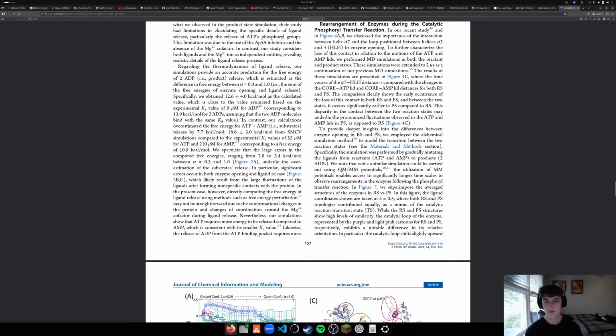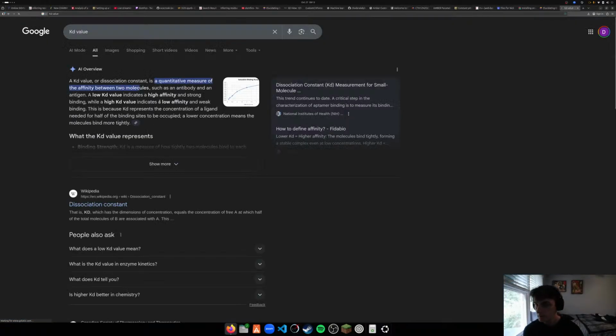The KD value. What does KD mean again? That's really bad to ask, but dissociation constant. Low KD, high affinity; high KD, low affinity.